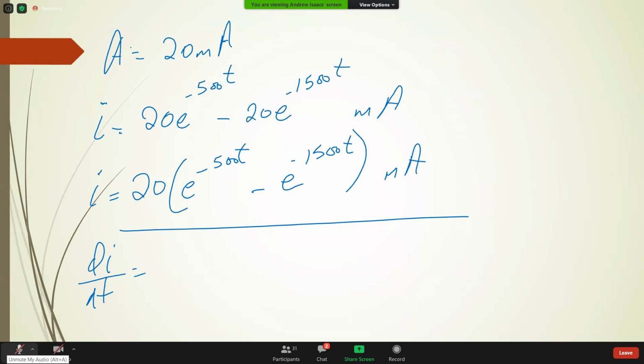So 20 times 500 gives us 10,000. So minus 10,000 e to the minus 500t, plus, this will give us 30,000 e to the minus 1,500t.